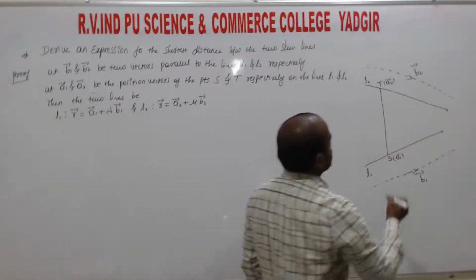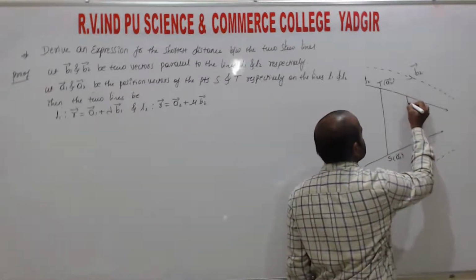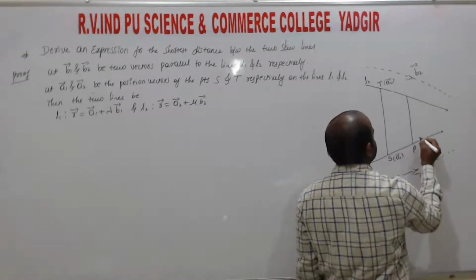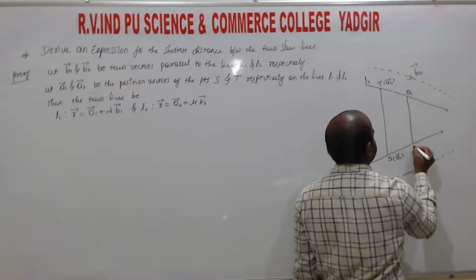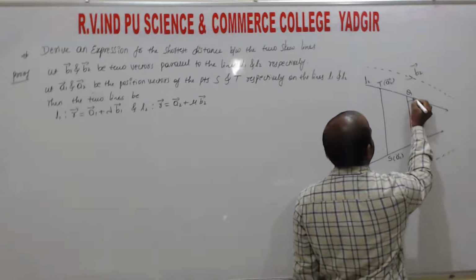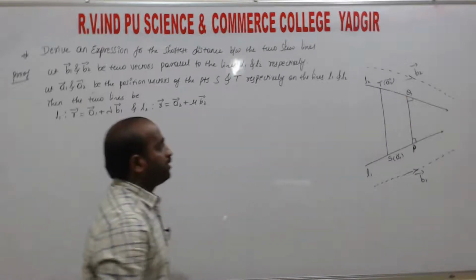Next, we take PQ as the shortest distance between the lines, and we draw it.